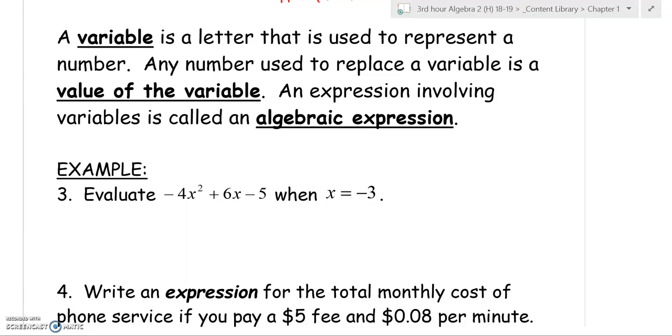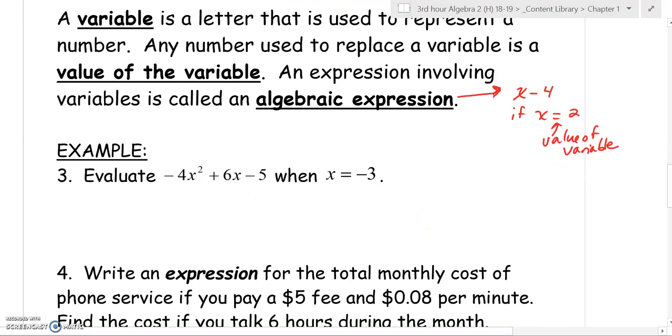So we're talking about an algebraic expression like x minus 4. Any number that I use to replace x, for instance, if x equals 2, then 2 would be the value of the variable. And the algebraic expression would be x minus 4.